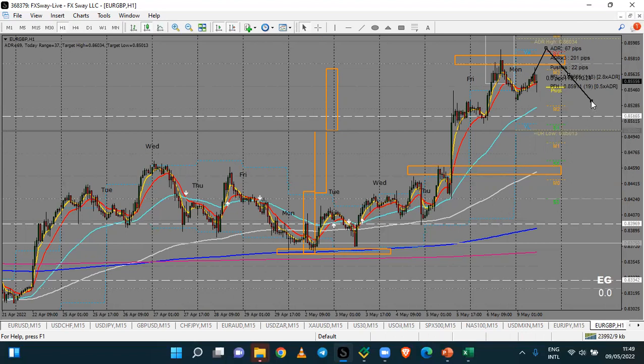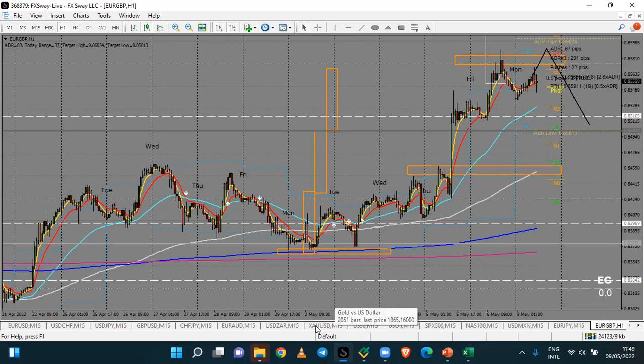So for today, we should expect that stop and high drop, and maybe tomorrow it will reach this area and have a peak reset for a continuation going up. So that is euro pound.